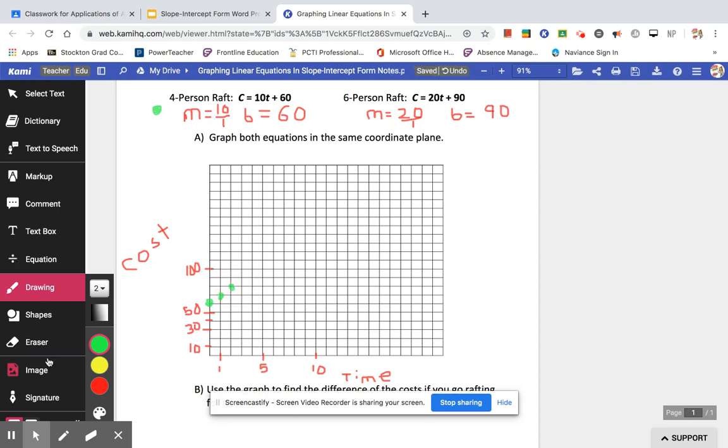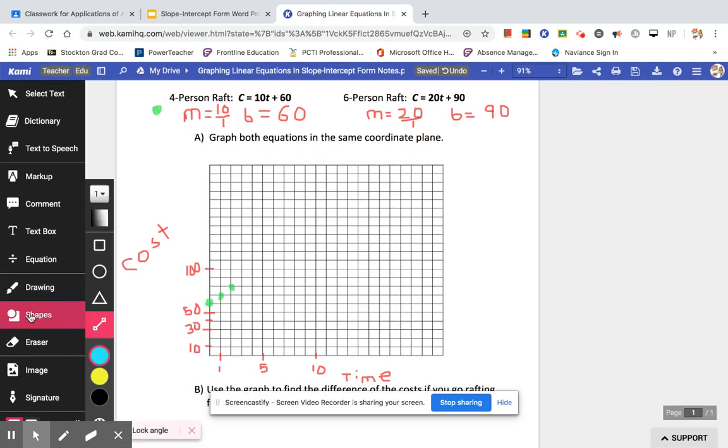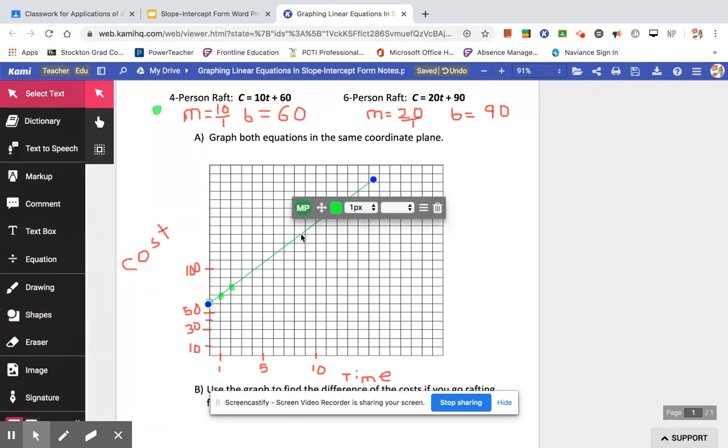And then I saw a lot of you on your previous assignments were drawing lines, but you can actually use the shape insert line. I'll do it in green. And you can just connect these lines and go through. So as long as they go through all 3 points, it makes that line. And then in order to work with the line, you click on it using the select text.